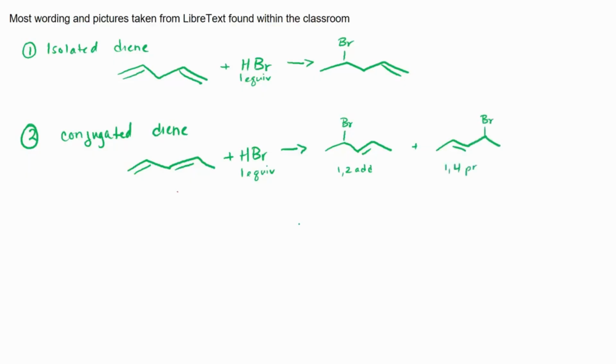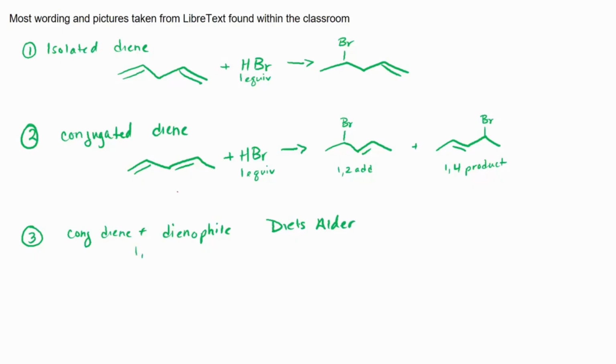Also, when you have a conjugated diene with a dienophile, so we have conjugated diene plus dienophile, then we have what's called the Diels-Alder reaction. And the Diels-Alder reaction will always result in a new 6-membered ring. Now this is a 1,4 addition.